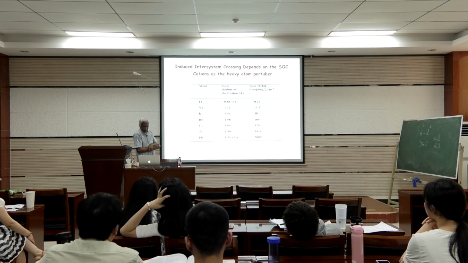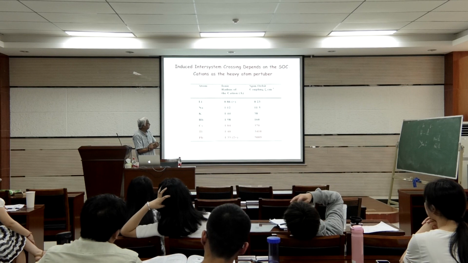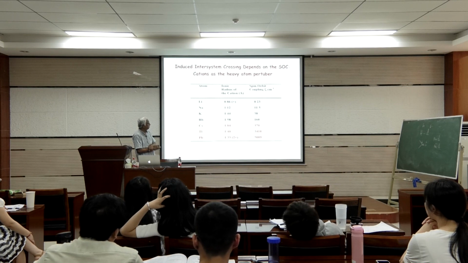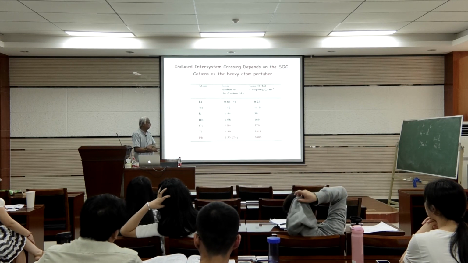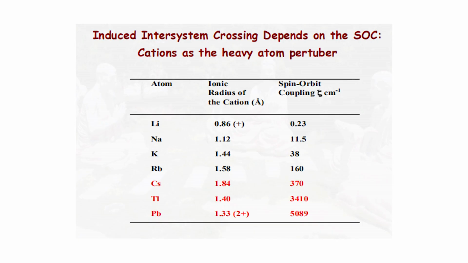Okay. So here, the question that you were asking. For example, if you take the various atoms here: lithium, sodium, potassium, rubidium, cesium, thallium, and lead. And here is the ionic radius. I don't think this is very useful. But tell me, which one has a very strong spin orbit coupling? Which one?